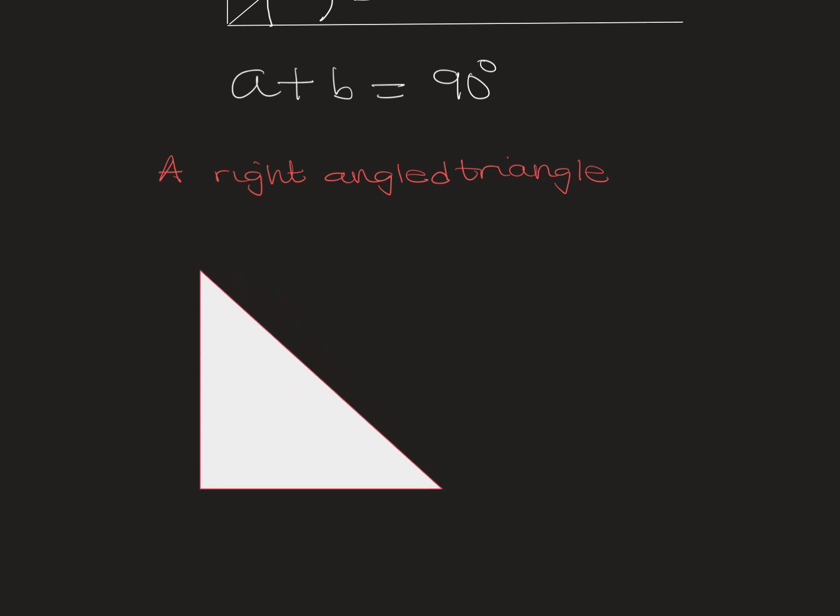All right, so the angles that we have can be A, B, and this angle is automatically 90 degrees.